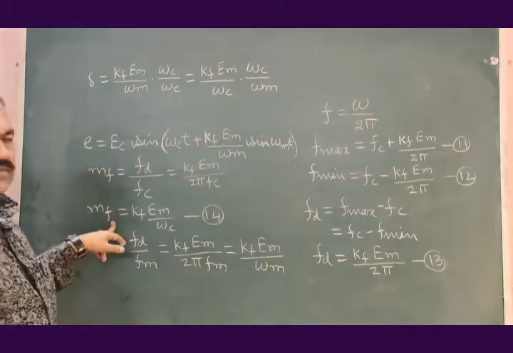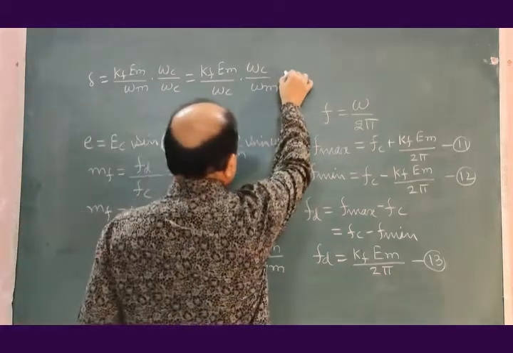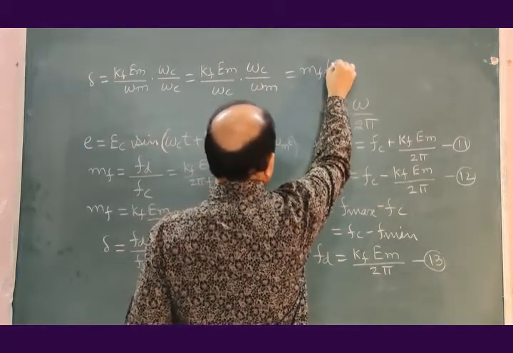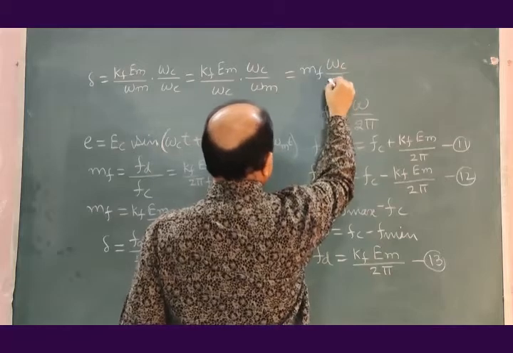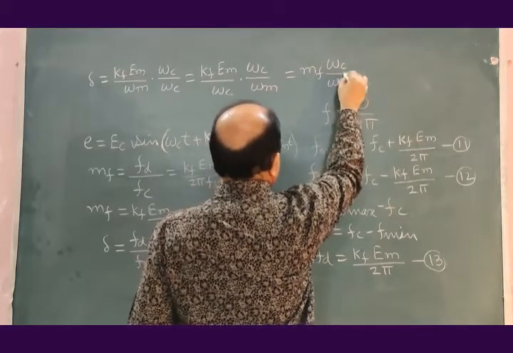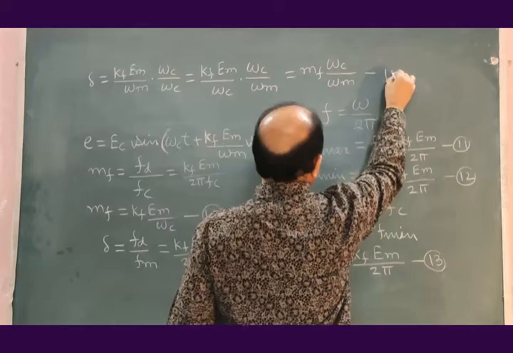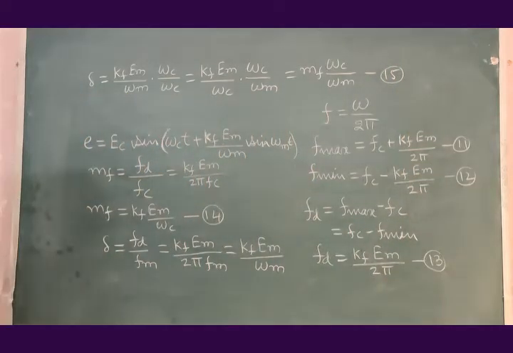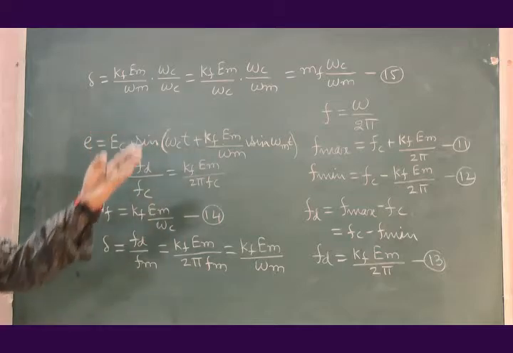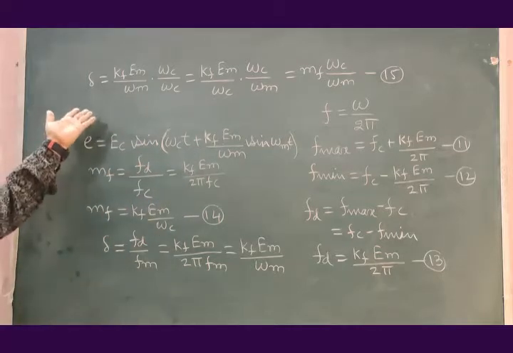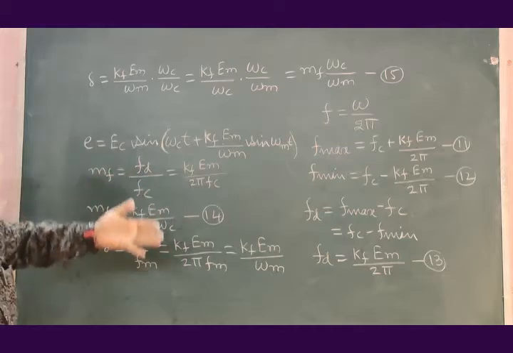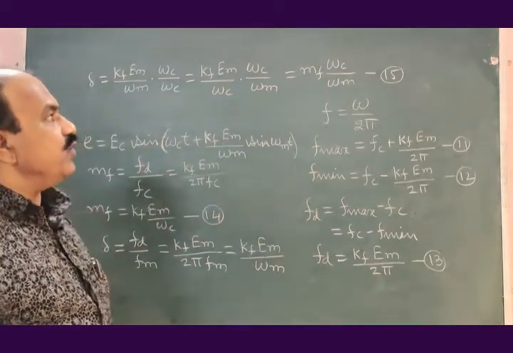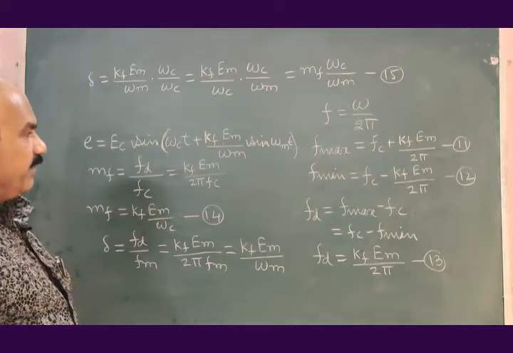It is mf, and therefore this delta is nothing but mf into omega c divided by omega m. Equation number 15. Delta, the frequency deviation ratio of frequency modulated voltage, is mf into omega c by omega m.